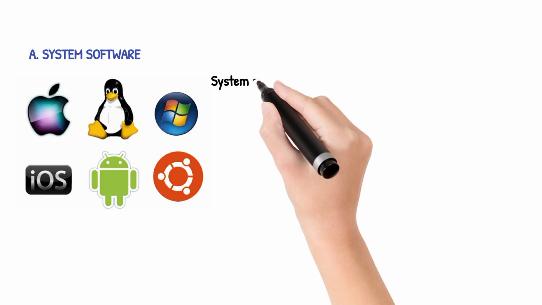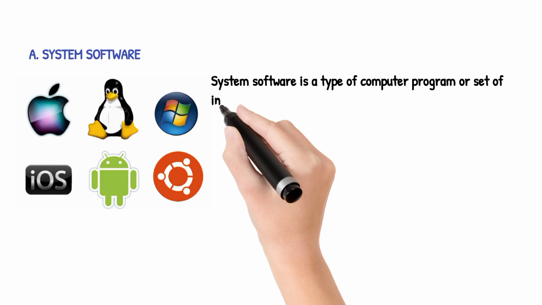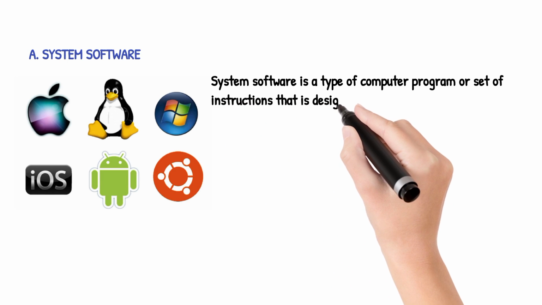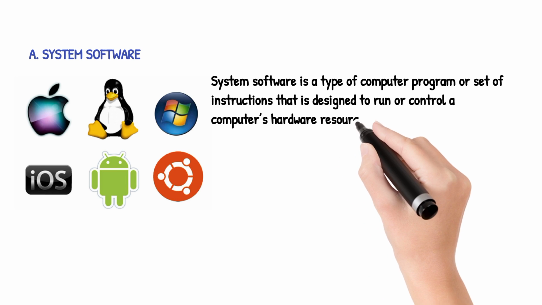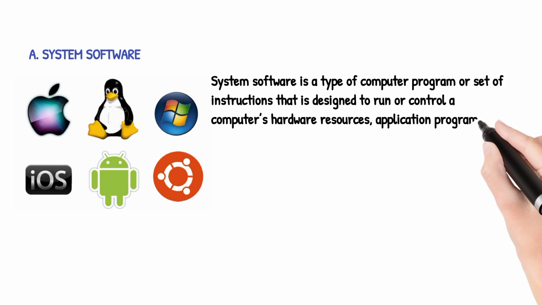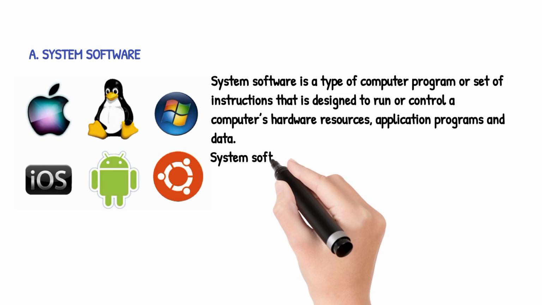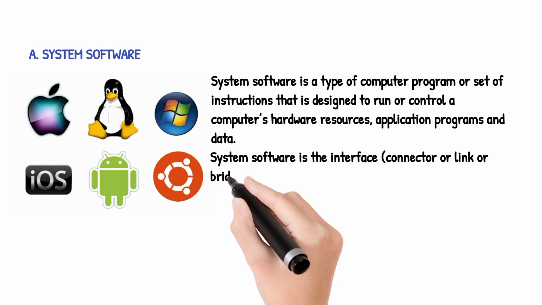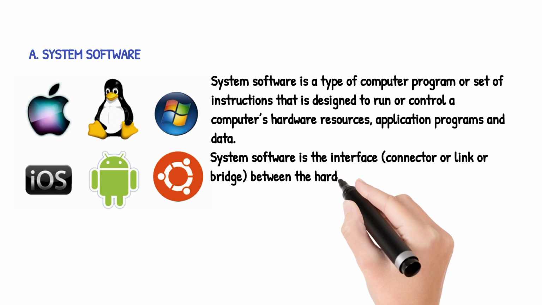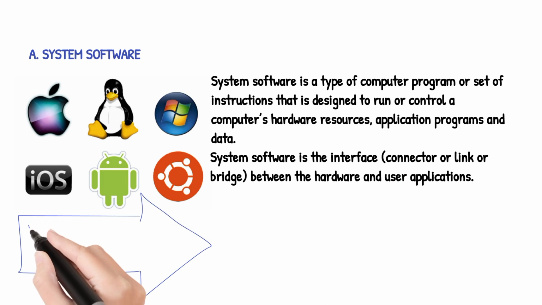System software is a type of computer program or set of instructions that is designed to run or control a computer's hardware resources, application programs, and data. System software is the interface, the connector, or rather the link between the hardware and the user applications.